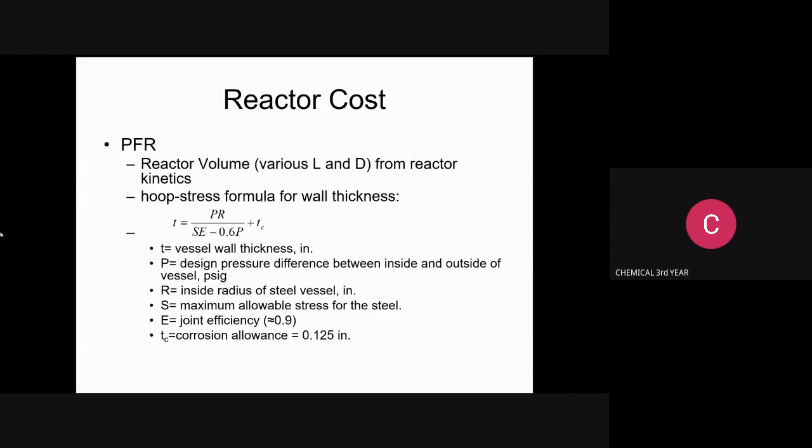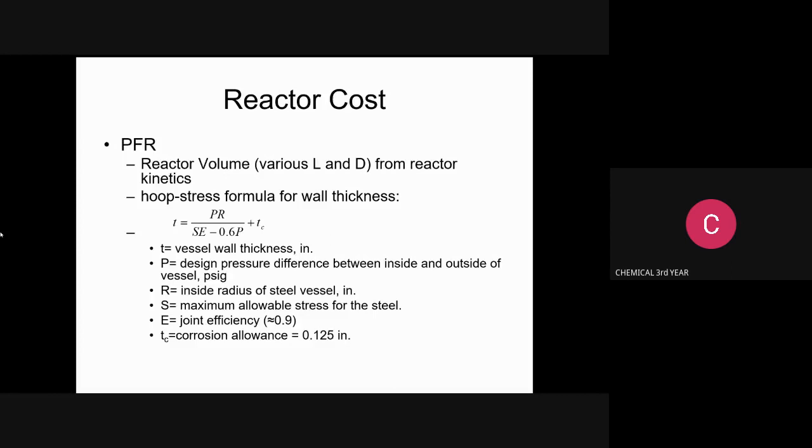Next one is c, the corrosion allowance. Corrosion can automatically occur with steel and liquid, so there is a chance of corrosion.